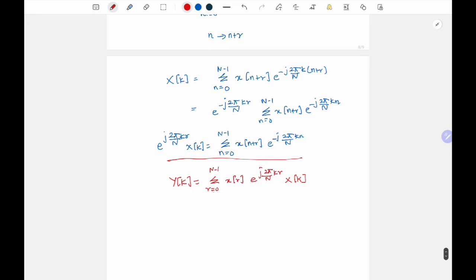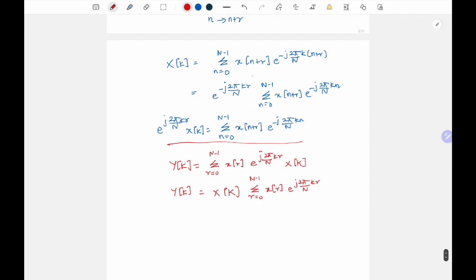So again this x of k is not affected by the summation, so I can take it outside. So x of k, summation r equal to 0 to n minus 1 x of r e power j 2 pi by n into kr.